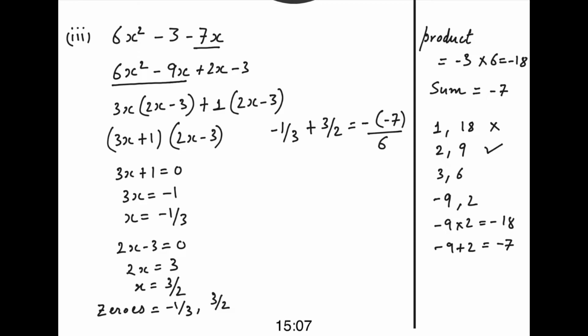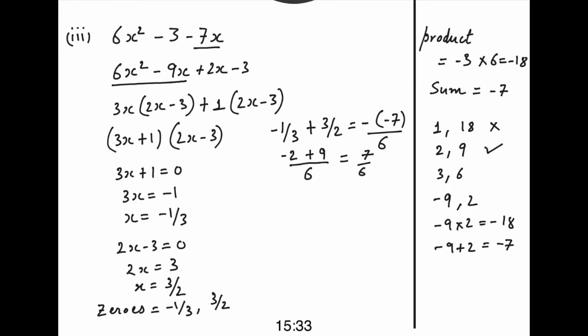So now we have minus 1 by 3 plus 3 by 2. We'll take the LCM here, which is 6, and 3 into 2 is 6. So we'll multiply minus 1 with 2, so we'll have minus 2, and then 2 times 3 is 6, and 3 into 3 is 9. So we'll have 9 here, and here we'll have 7 by 6.